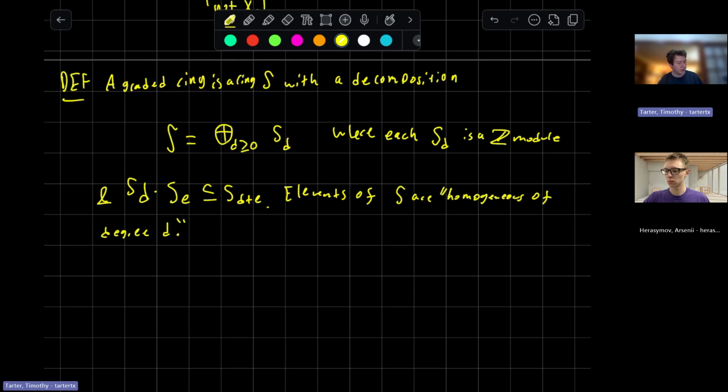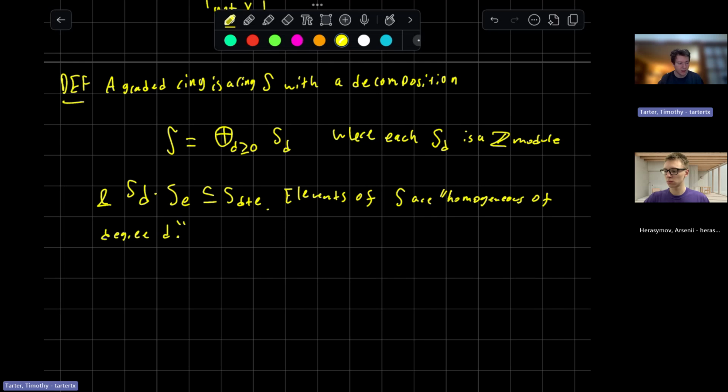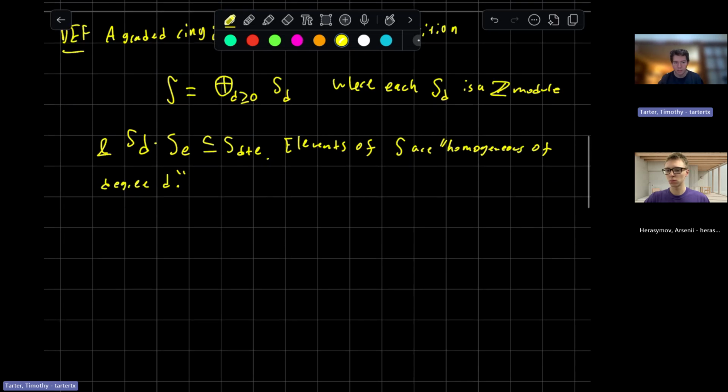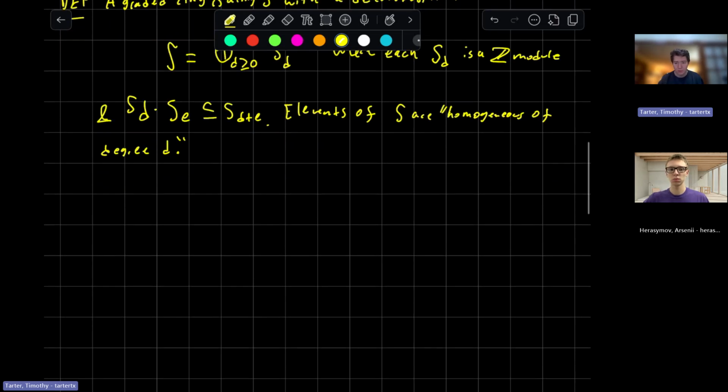Now, I'm realizing that when I say Z module, this isn't something that I think we've talked about, maybe ever. So let me clarify. A Z module is a finite abelian group. You've seen them before, but a Z module has this underlying structure that we can think of other things as A modules.